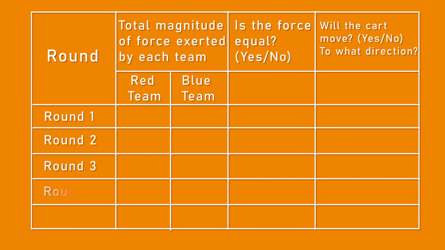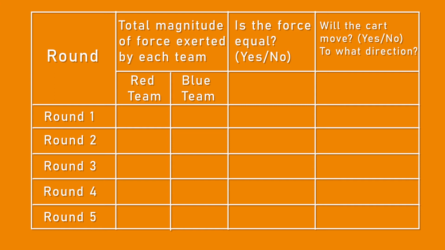Summarize your observations in table form. So this is the table. First round, second round, third round, and fourth round are found in the first column. In the second column, you are going to write the total magnitude of force exerted by each team, blue team and red team. Then there's a question in the third column: Is the force equal?